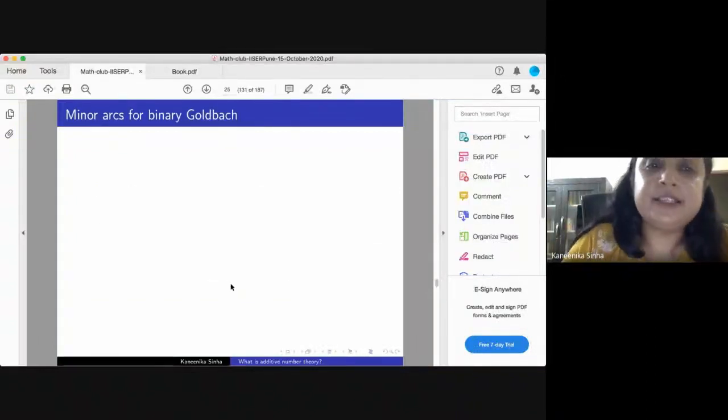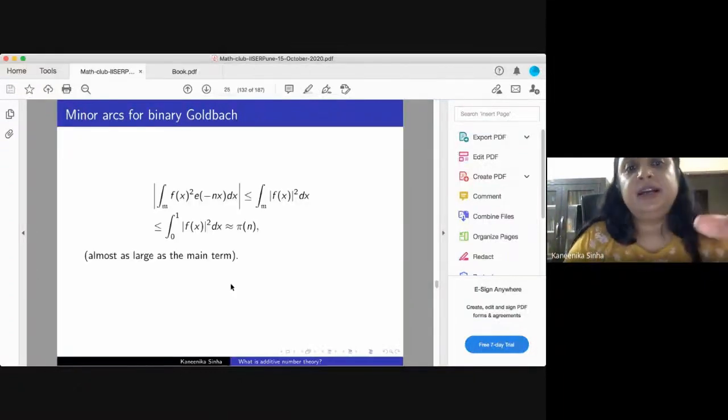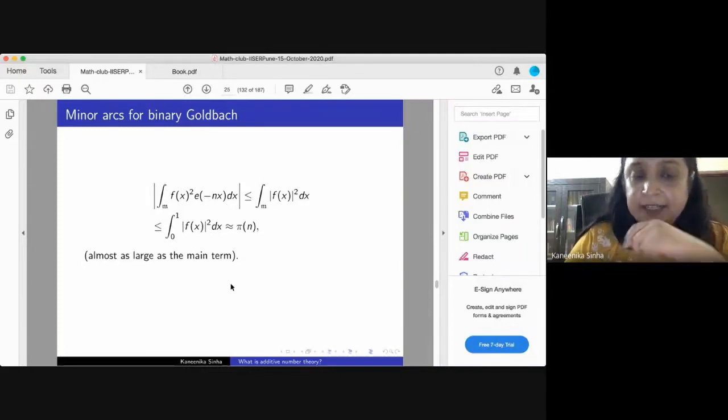Now the minor arcs for binary Goldbach. Okay, so you have the square of f of x, e of minus nx dx, integrated over the minor arcs. Okay, and we just discussed that minor arcs actually consist of almost the entire interval 0 to 1.